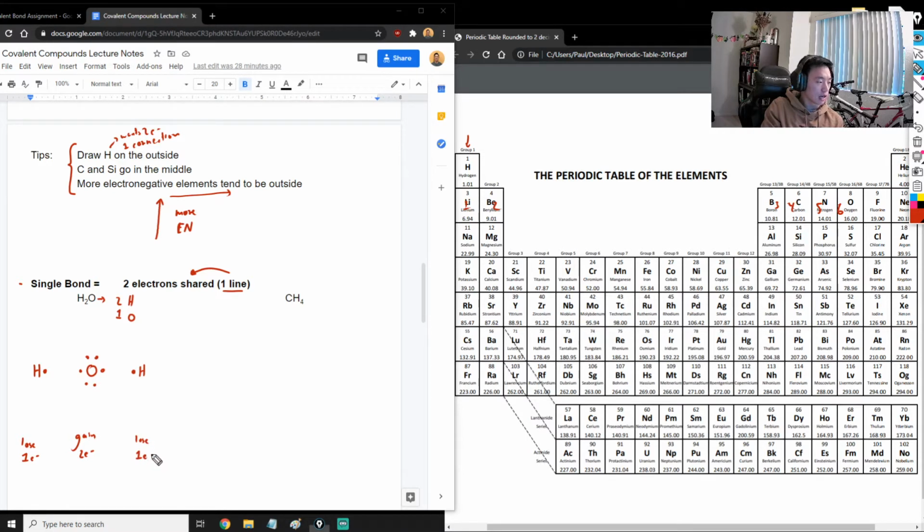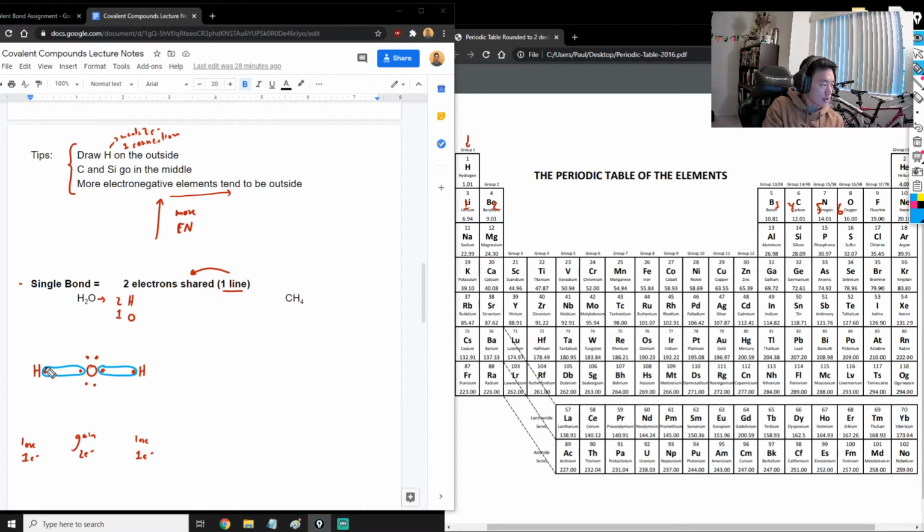so it looks like it's just going to form an ionic bond, but hydrogen again is a weird one. Hydrogen doesn't want to give up its electrons, it wants to share. And so these hydrogens are going to get super duper close to this oxygen, and they're going to end up sharing the electrons like that.